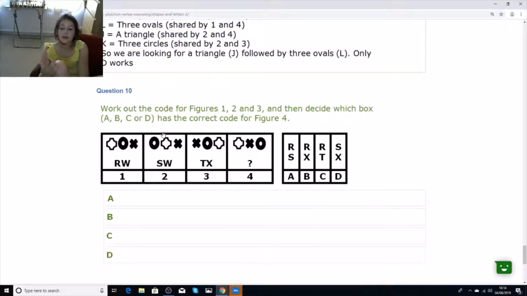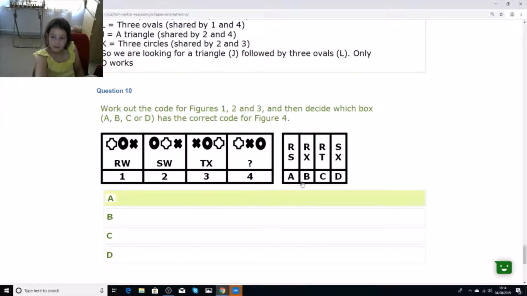Wait, no, X means that the cross is not the last figure. So it must end with X, which is B and D.